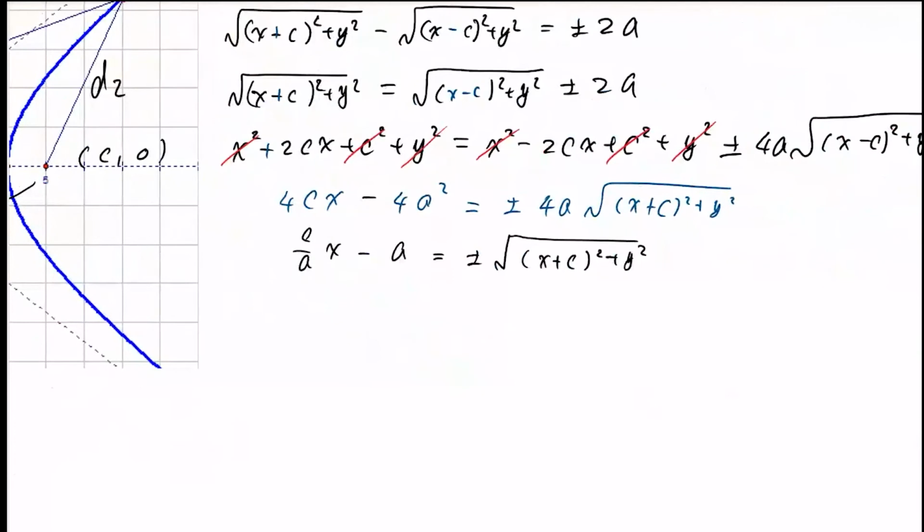Now, then I'm going to square both sides. So this will be c squared over a squared x squared, minus, somebody tell me what that cross term is? I'm going to work on the other side until you figure out this thingy in the middle. And x squared plus 2cx plus c squared plus y squared. What do you have?